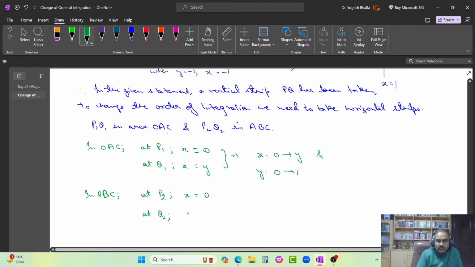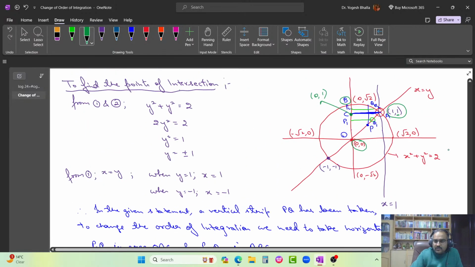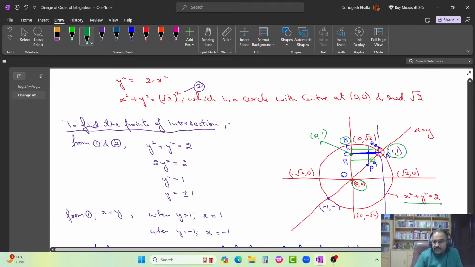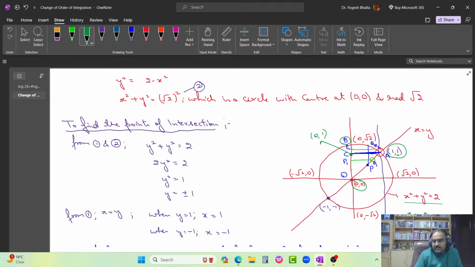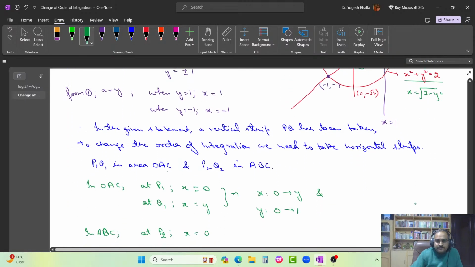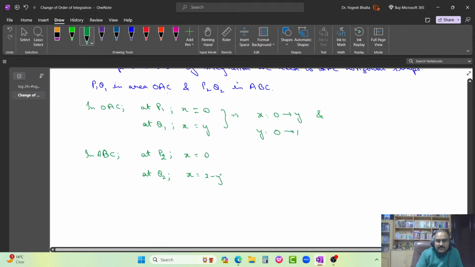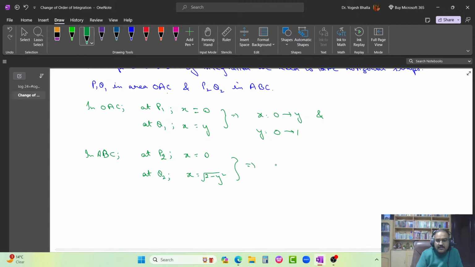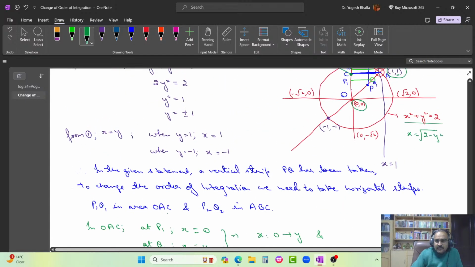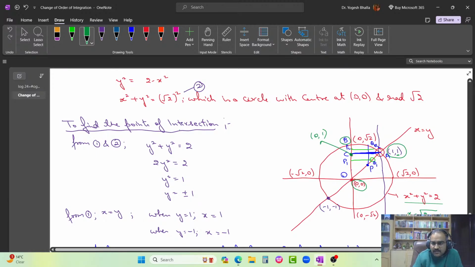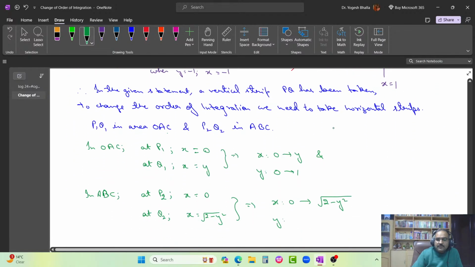At Q2, the value of x will be, now Q2 is on the circle. The equation of the circle is x square plus y square is equal to 2, so the value of x will be the square root of 2 minus y square. So we are clear that x varies from 0 to root of 2 minus y square, and y varies over the region's height. Now at C the value of y is 1, at B the value of y is root 2, so it is varying from 1 to root 2.